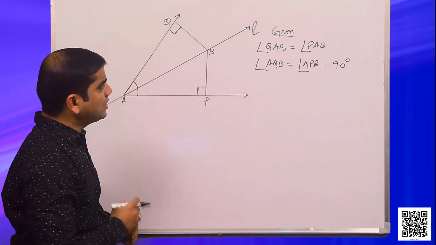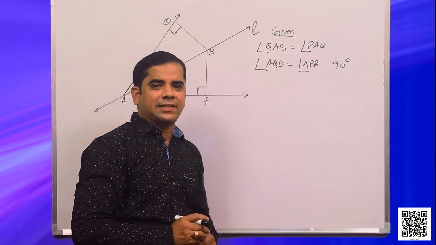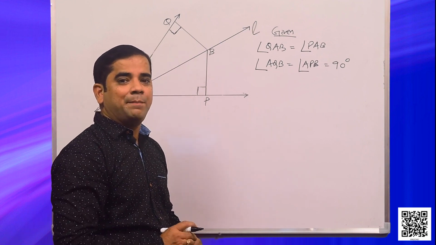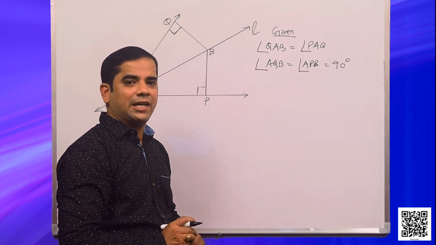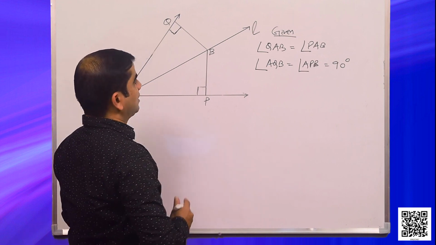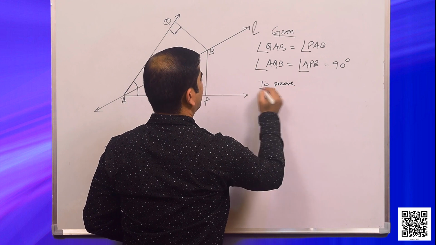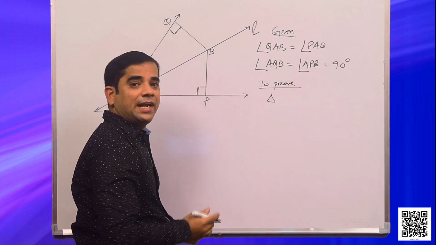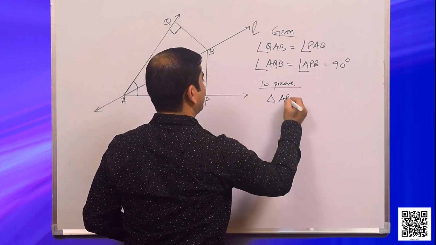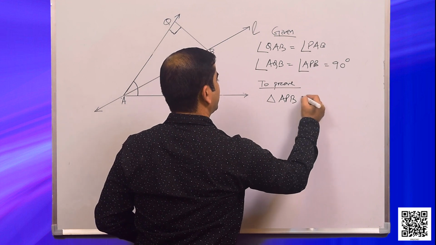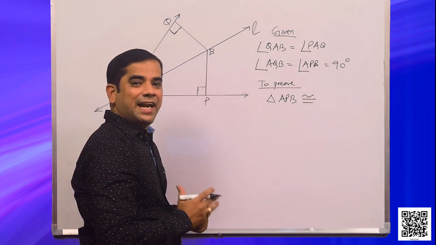Fine. So first it asks us to prove that triangle APB is congruent to triangle AQB.